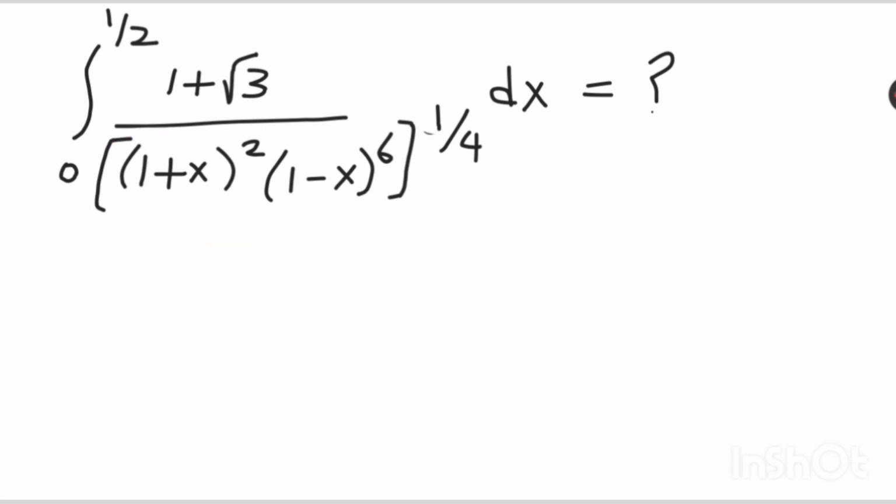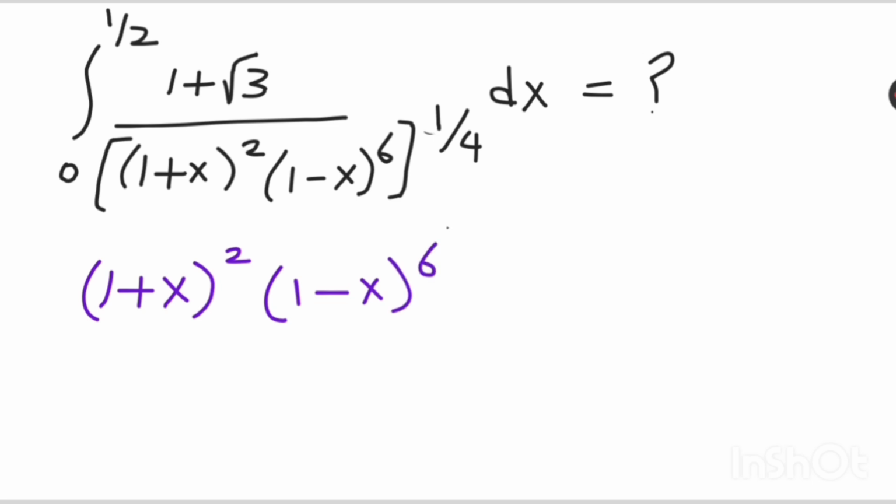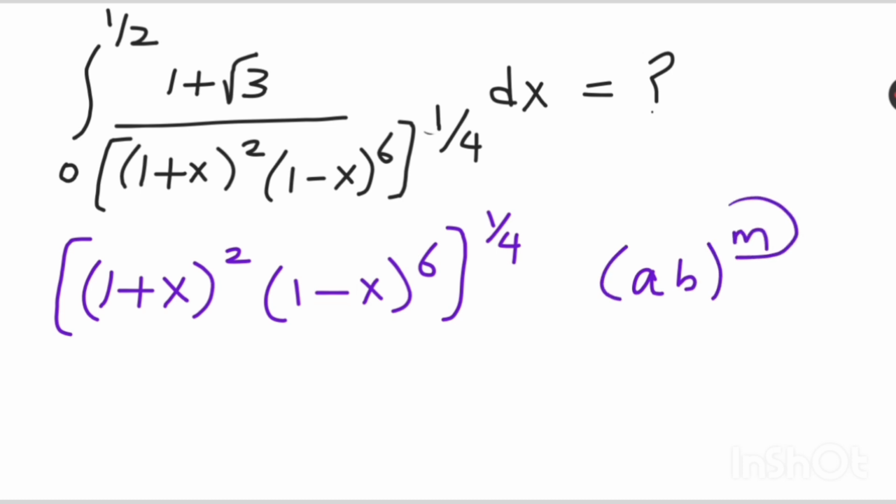Before doing the integration, let's simplify this denominator. What we have is (1 plus x) whole raised to the power of 2 times (1 minus x) whole raised to the power of 6, whole raised to the power of 1 over 4. It is in the form of (a times b) whole raised to the power of m, isn't it? The power m applies to both a and b. So we can write this as a raised to the power of m times b raised to the power of m.